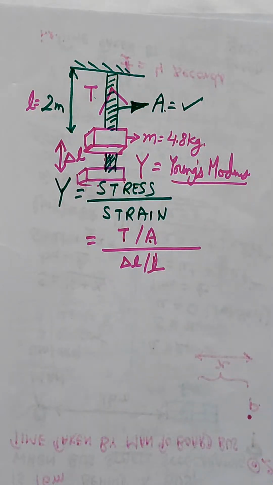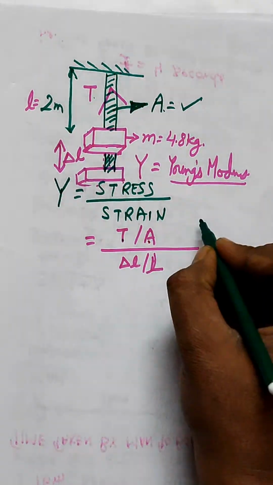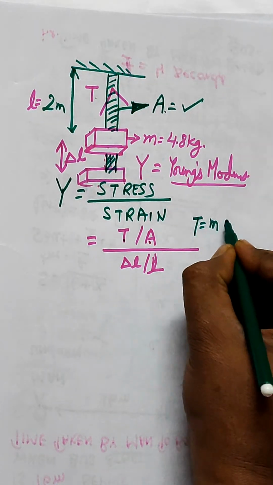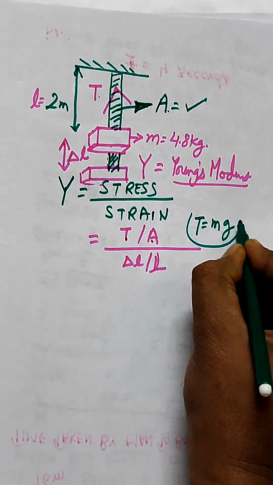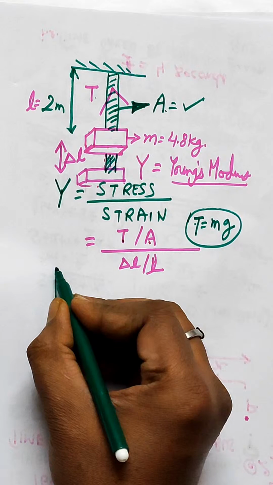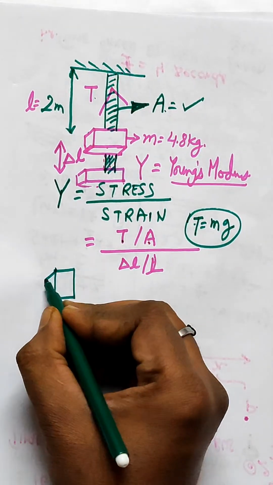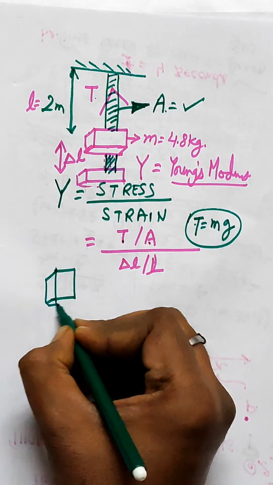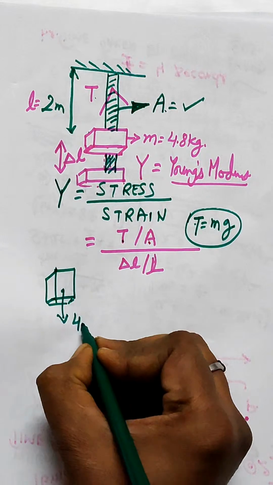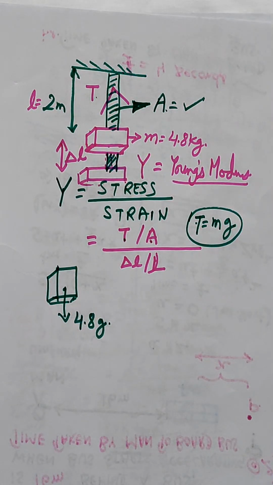T will be equal to M into G, isn't it? Because if you consider drawing the free body diagram of this mass, if this is the mass of 4.8, then the weight of this mass will be 4.8 into G, right?